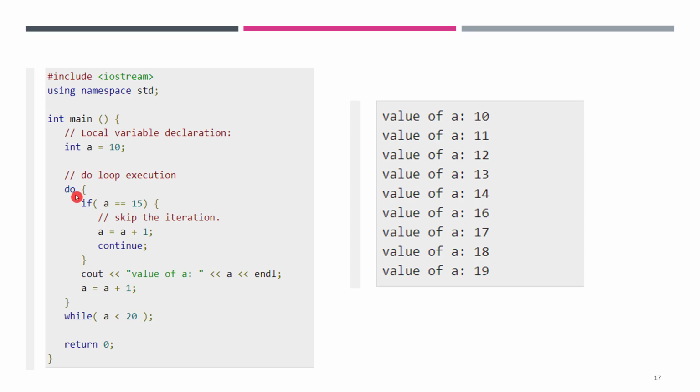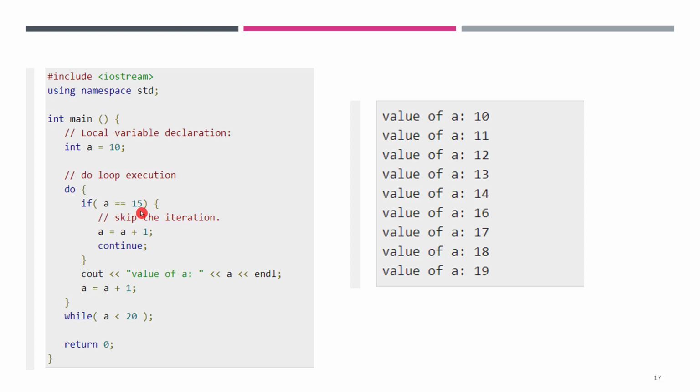This is the main function, do. The control comes into this one. If a equal to 15, this condition is not true, so this won't be executed. It will keep on continuing to the next one. Cout the value of a. Value of a is 10, correct? And then increment by 1. While a is less than 22, it again comes to the first. So 10, 11, 12, 13, 14, 15. When it comes to 15, yes, correct.